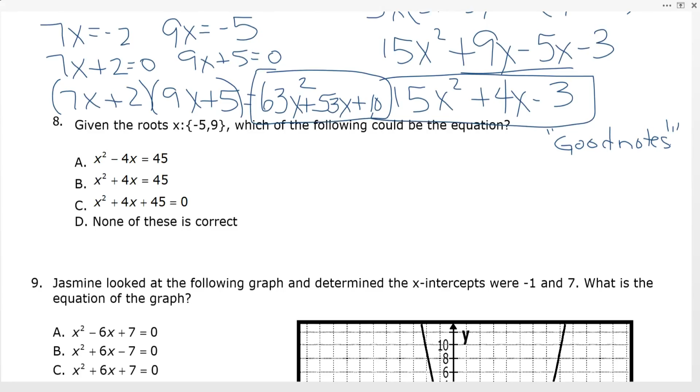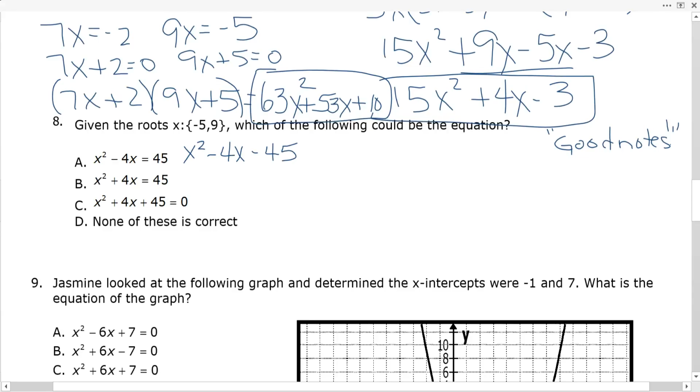All right, so you have a couple of ways you could do this. First of all, I'm going to set these all equal to 0. So I'm going to have x squared minus 4x minus 45 for A, x squared plus 4x minus 45 for B equals 0.